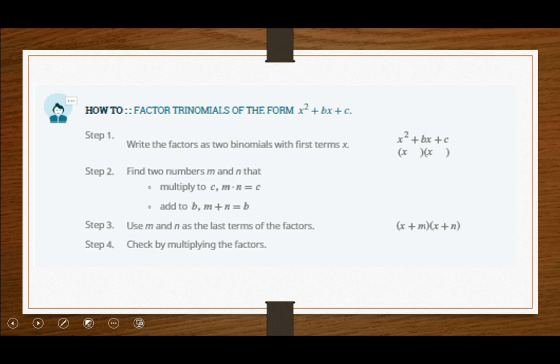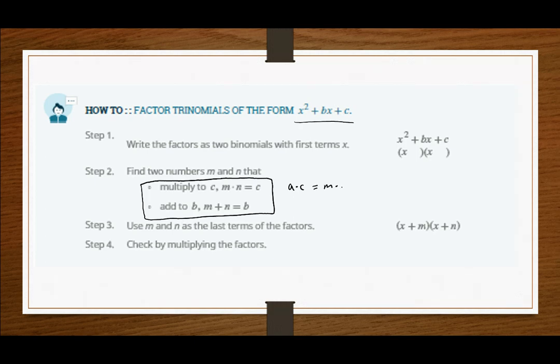Before we do, let's recap. Given any kind of expression in this form, x squared plus bx plus c, which is again the quote easy version, where a is equal to 1, we identify the answer to two questions. What are the two values that multiply together to give me c that also add together to give me b? Technically speaking, we should actually say that they need to multiply together to give me a times c.